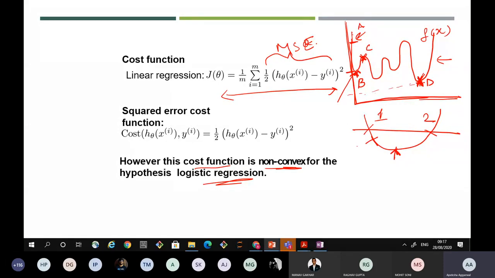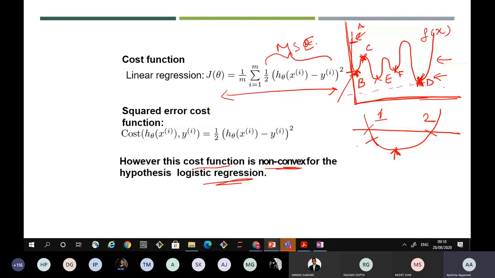So this is called a local minimum. These B, C, this is E, this is F. All these points are called local minima. And what is a global minima? For this whole function, the minimum value is this D. So this D is called the global minimum. So global minimum is the minimum value of the whole function.